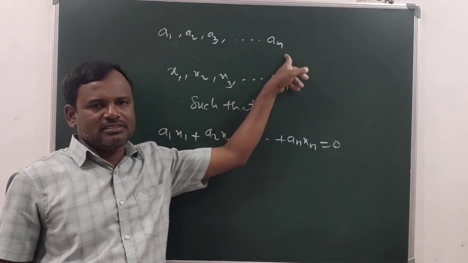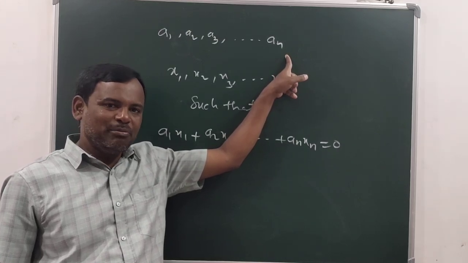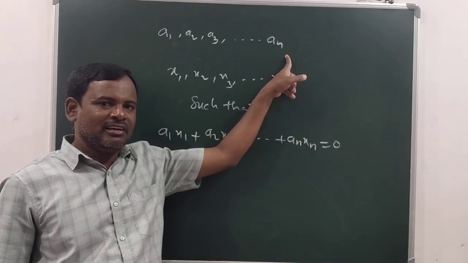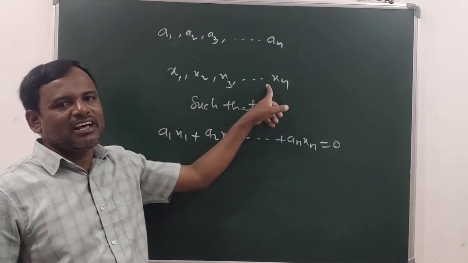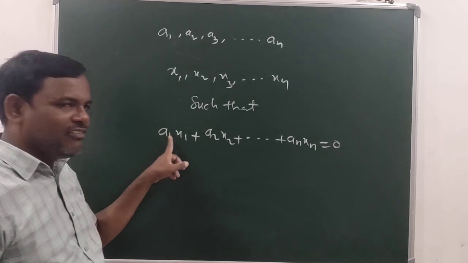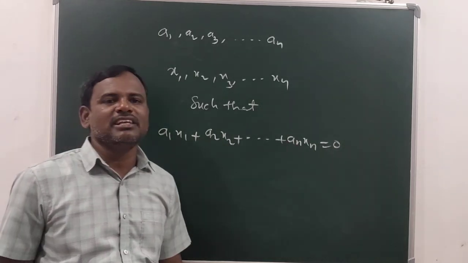These n vectors are linearly dependent if and only if there exist n scalars such that a1 into x1, a2 into x2 and so on, an xn is equal to 0.